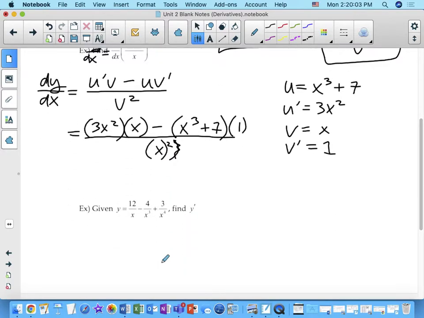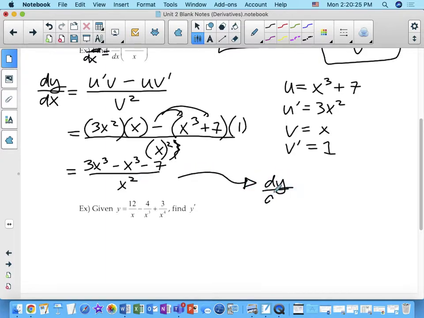Collect like terms. So we're going to get 3x cubed minus x cubed minus 7 over x squared. I don't have room here, but I'll simplify that over here. dy by dx equals 2x cubed minus 7 over x squared.